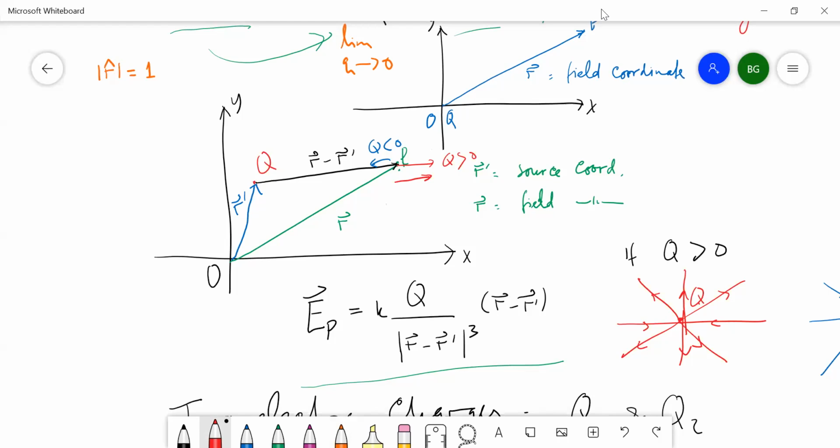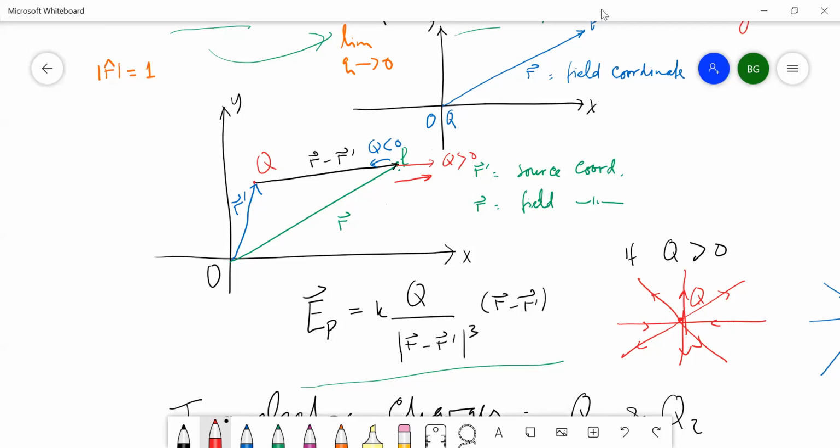So it means that if the Q is positive, greater than 0, the direction of the electric field at P is outward. If the Q is negative, the direction of the electric field at point P is inward.